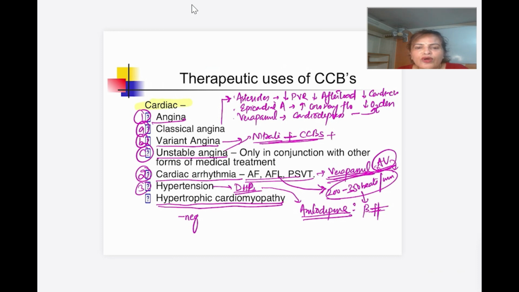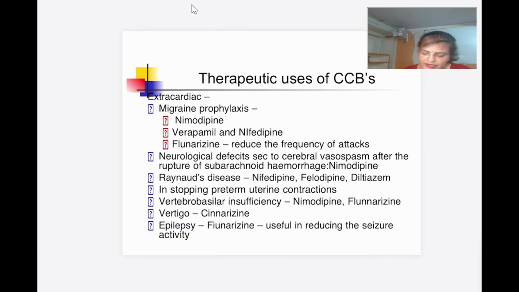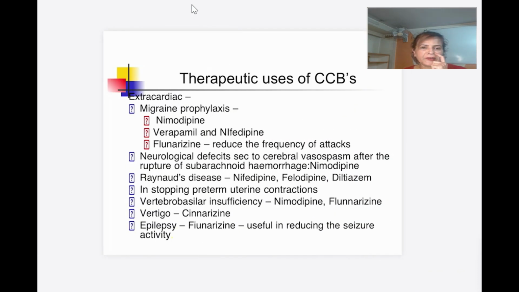Now coming to the non-cardiac. In cardiac, we have angina, hypertension, cardiac arrhythmia, and hypertrophic cardiomyopathy. Then coming to the non-cardiac, the extra-cardiac uses: we are using it for migraine prophylaxis, because this drug is going to cause dilatation.